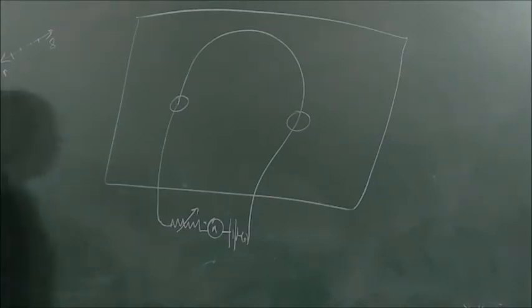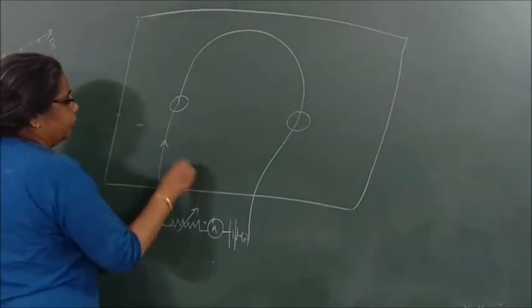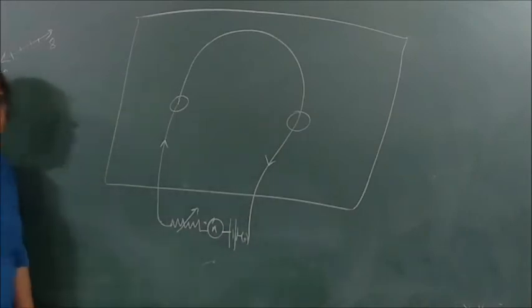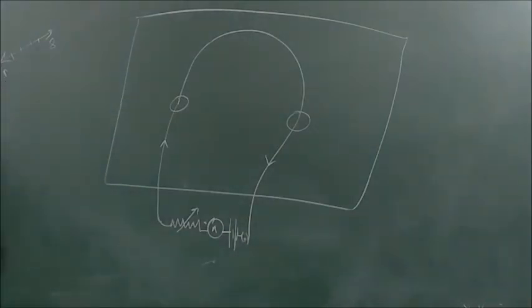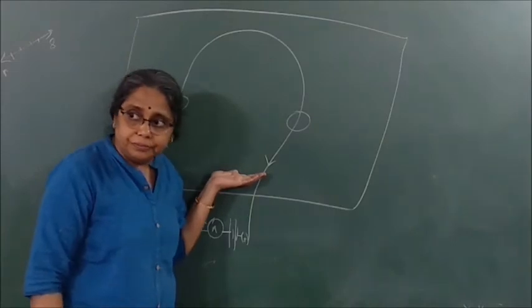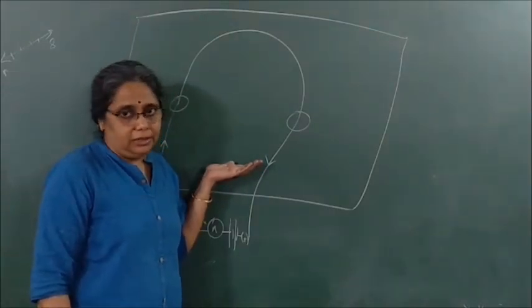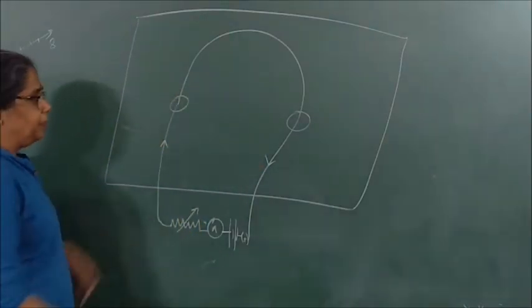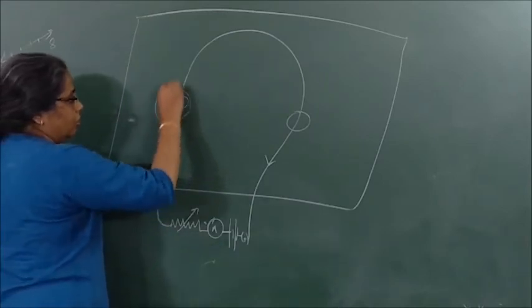Fine? Here you will find that the current flows from positive terminal to negative terminal. And what you do? Again sprinkle some iron filings. We see that they arrange themselves in the form of concentric circles. Which rule? Right hand thumb rule. So where it goes up, it is what? Clockwise. Sorry.